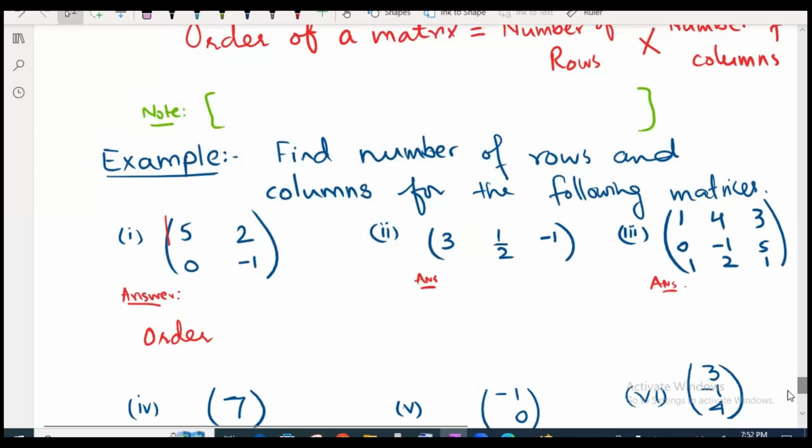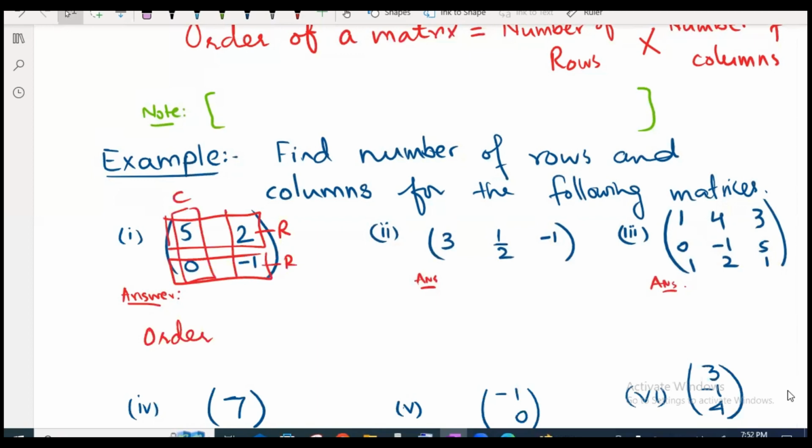How many rows are there? 2. In the exam, just write down the answer. There are two rows and two columns, column 1 and column 2: C1, C2, R1, R2. So we can say 2 by 2.